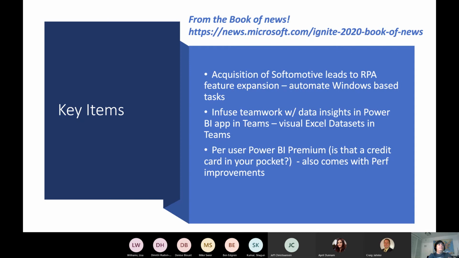One of them, the good old acquisition of Soft Motive, leads to the RPA feature expansion. Some of this stuff, by the way, has been covered by the session we just heard. My biggest takeaway for the RPA is automating your Windows-based tasks. If you can remember back in the day, they had robots, they had MS Test and a whole bunch of other tools where we used to fake our work by making it click on the Excel cell, copy something to something else, and send out an email, and it looked like we did it.